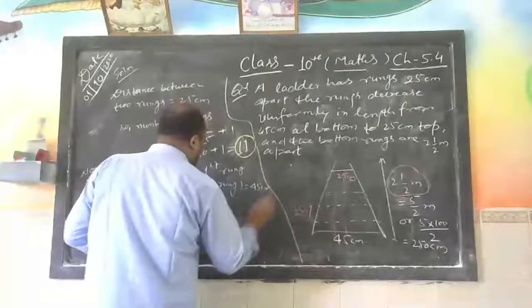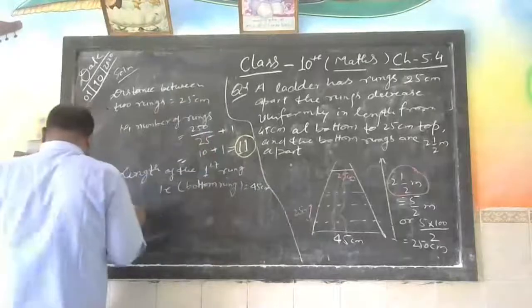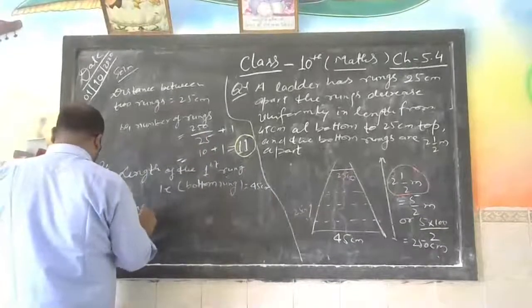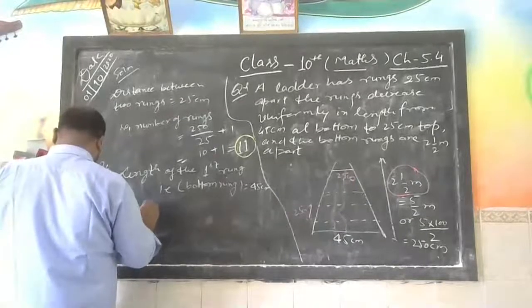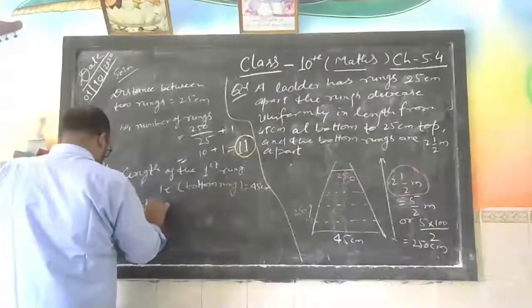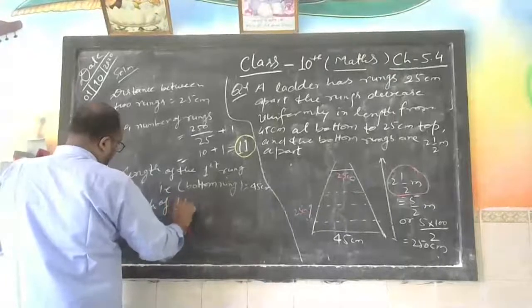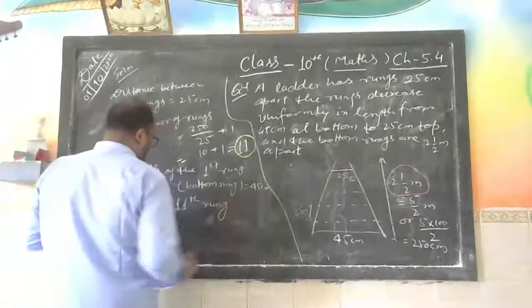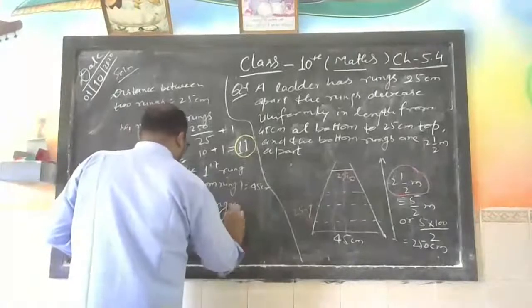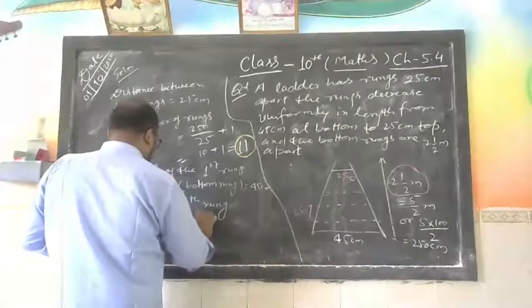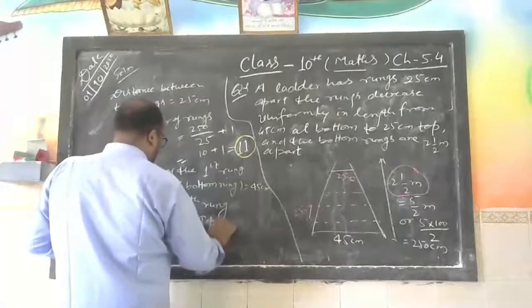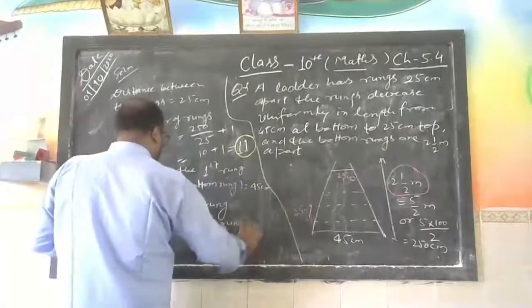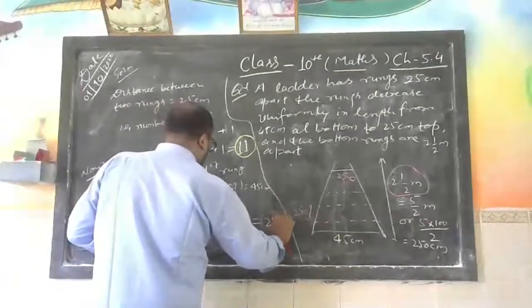It is already mentioned here. So the length of the 11th rung, that is topmost, is equal to 25 centimeter.